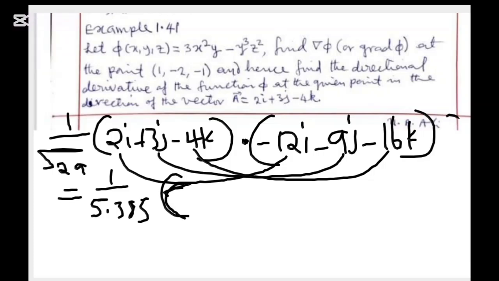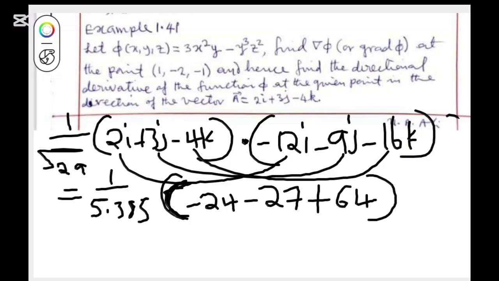So this is the same thing as saying I'll have negative 24. If I say negative 12 multiplied by 2, I'll get negative 24, minus 27 plus 64. So you have to take note of that. So at the end, after saying minus 24 minus 27 plus 64, I'll get 13.